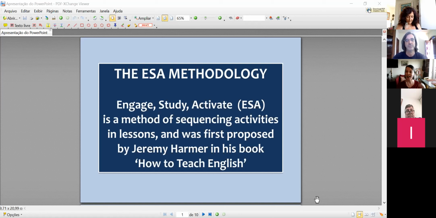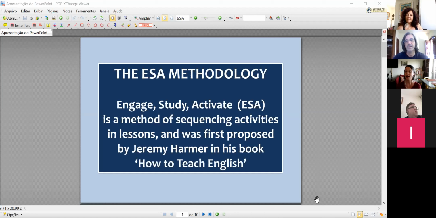Yeah, so any kind of class, I think, should start with E. Engage is very important. I think we can engage in many different ways, by showing pictures, by showing a video, by making questions. There are many different ways of engaging the student. I'm going to talk a little bit more about it. The study part, which is the part we give instructions about vocabulary or structure, grammar, maybe.